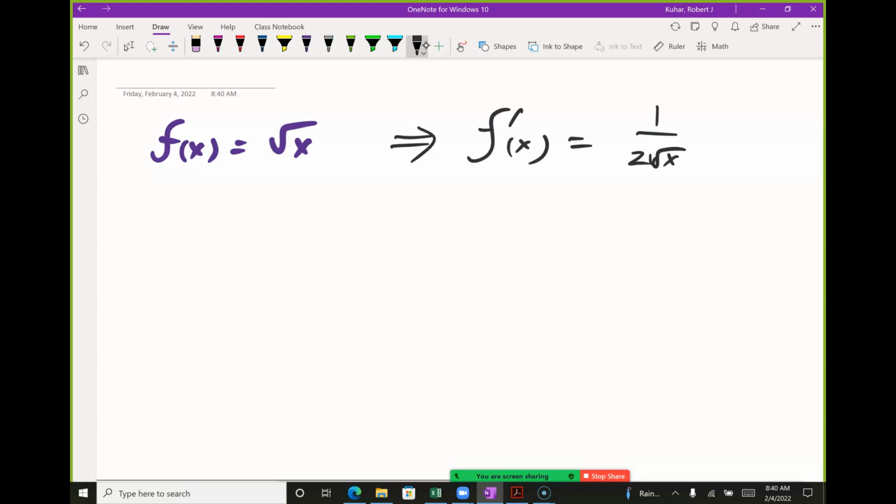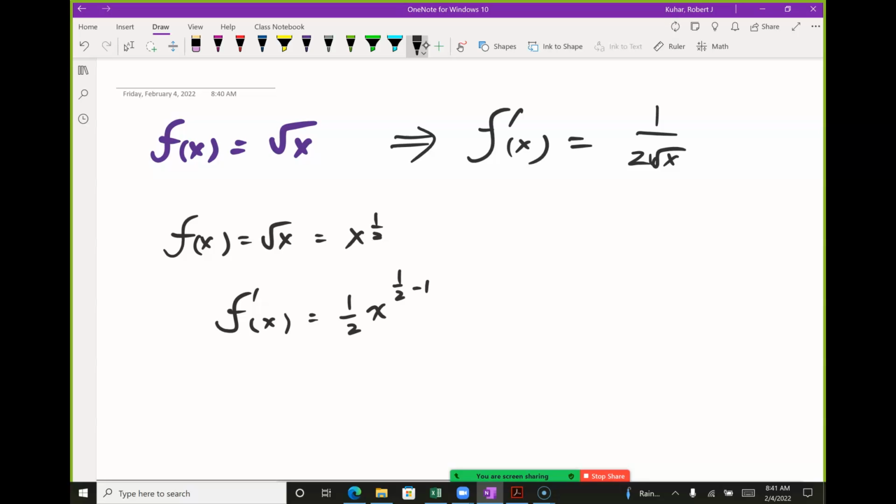This one is used also with that same shortcut, right? So f of x is square root of x, which is x to the 1/2 power, right? Everyone should agree with that. So what's my shortcut say? Take the power down to the front as a coefficient and reduce the power by 1, right?